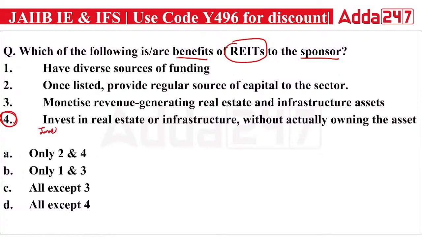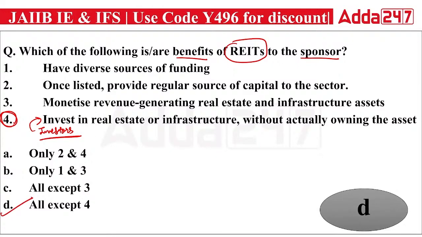This is a benefit to the investor. Investors have this benefit that they can invest in real estate or infrastructure without actually owning the asset. So the right answer will be all except four. Okay, the right answer is D, which talks about the benefits of real estate investment trusts to the sponsor.